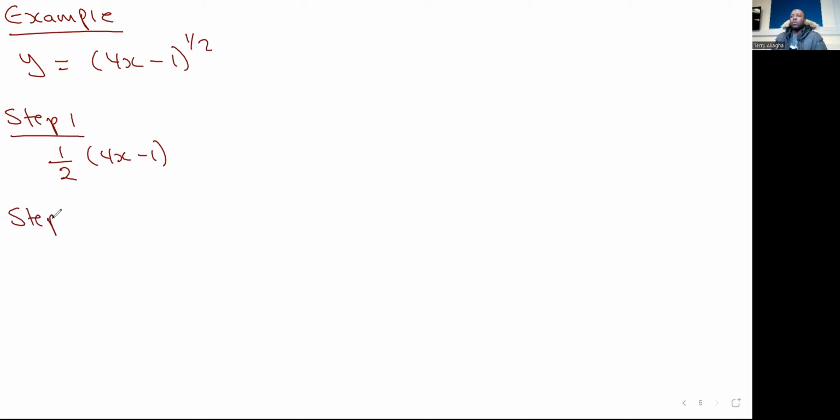Step 2, you then subtract 1 from the power, so it's going to be 1 over 2 (4x - 1), half minus 1, and this is going to give you 1 over 2 (4x - 1) to the power minus half. Okay?